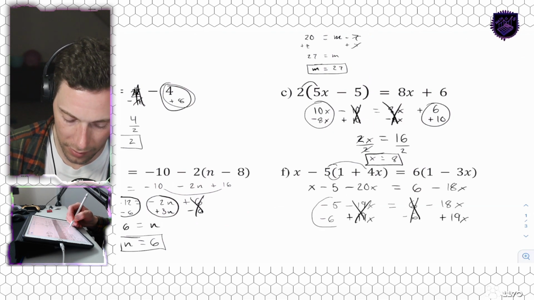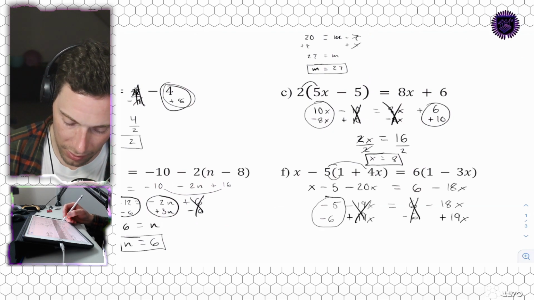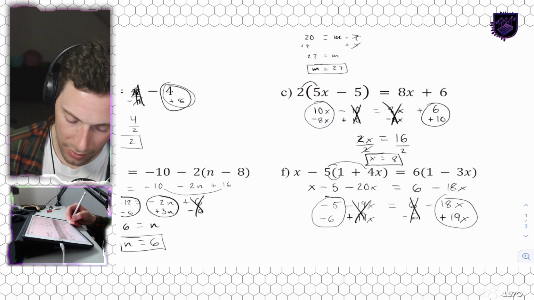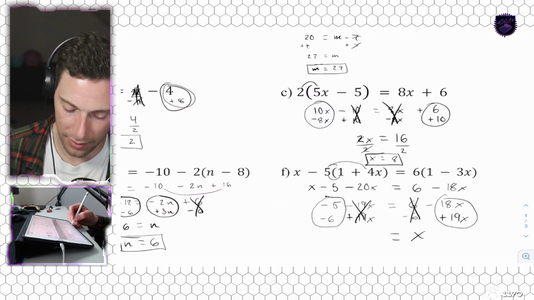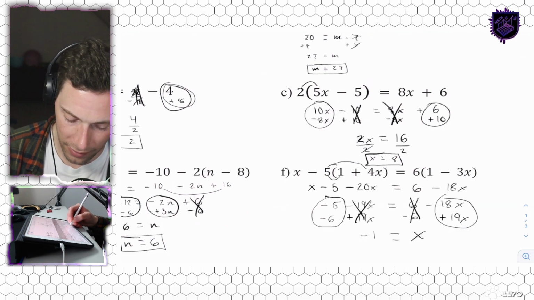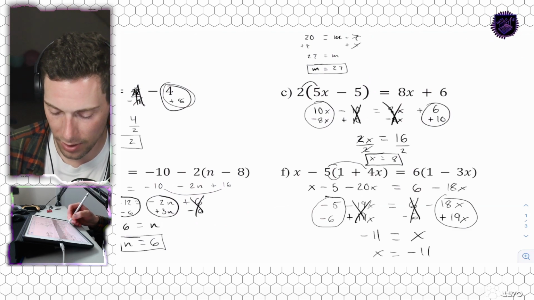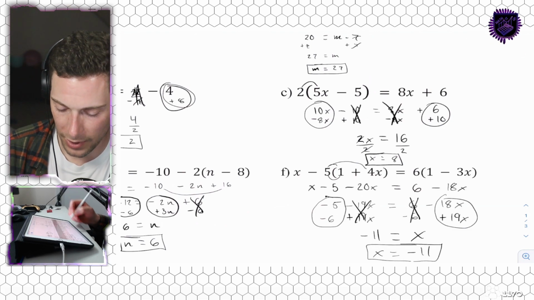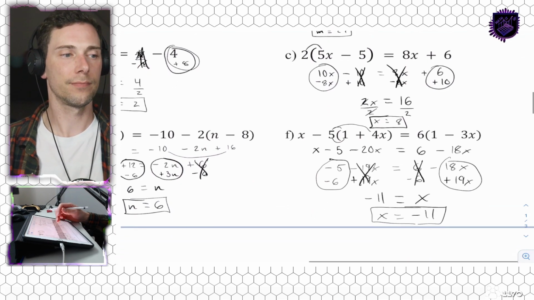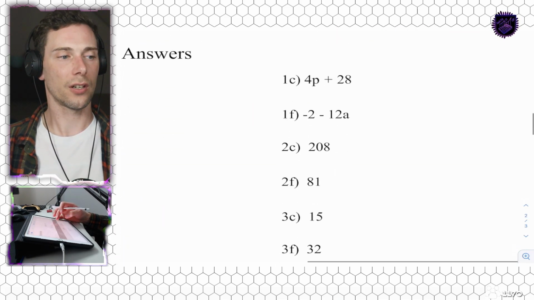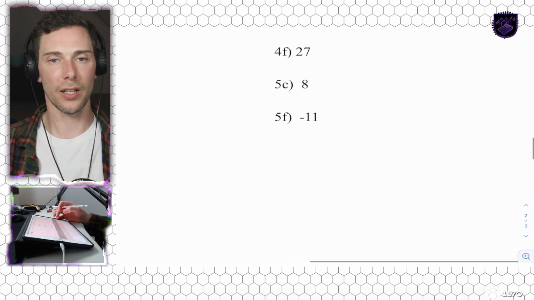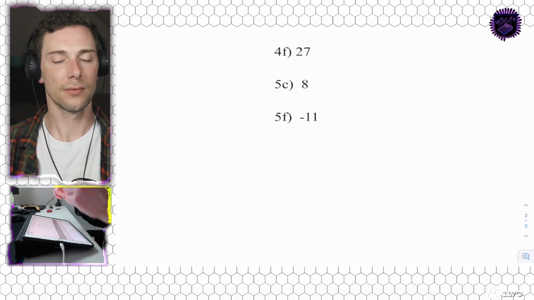We're left with combining those terms and combining those terms. On this side, we're going to get x, and on that side, we're going to get negative 11. x equals negative 11. That's our answer. That's it. Let's check our answer. Negative 11. That's it. We're done.